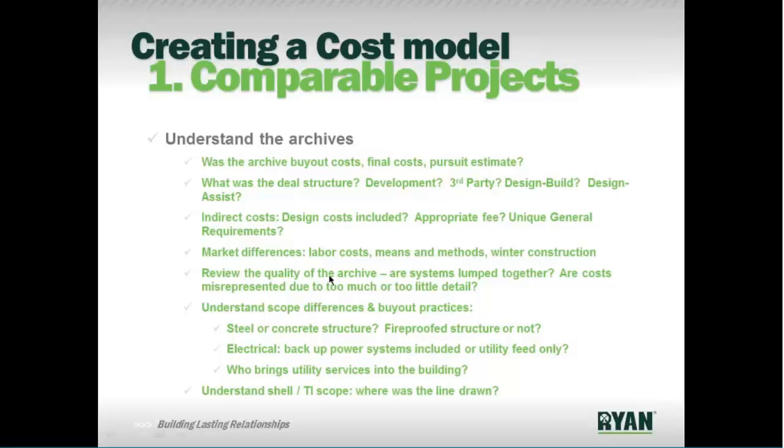Review the quality of the archive. Back to my earlier point in terms of how we're trying to break out costs so that the information presented is relevant. If you're getting an archive where all of drywall, for instance, was lumped into the interior partitions, well, you'll have a skewed perspective on what that exterior envelope costs because it'll be missing a portion of the system.